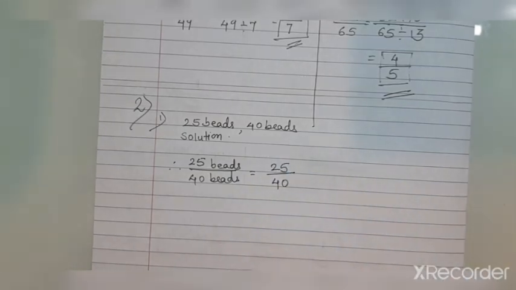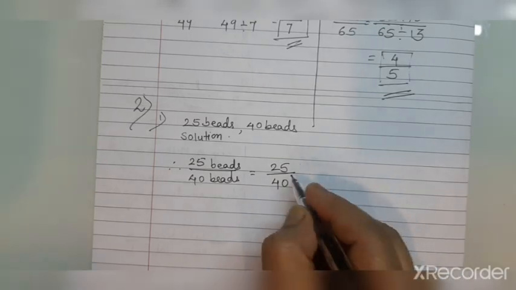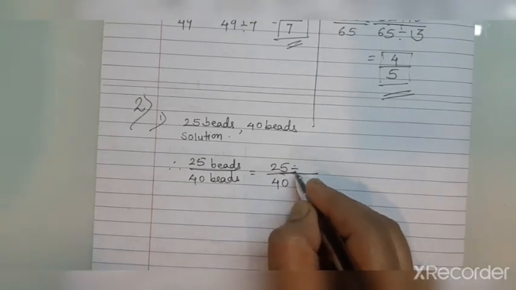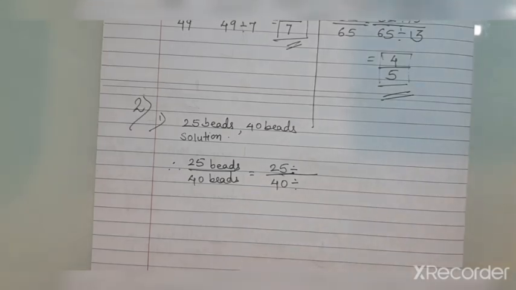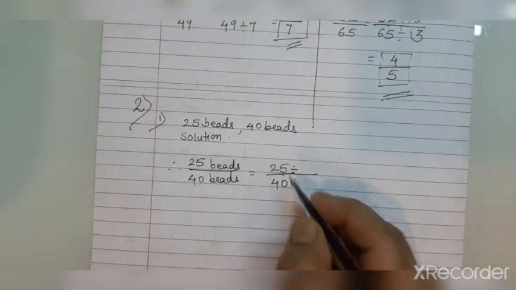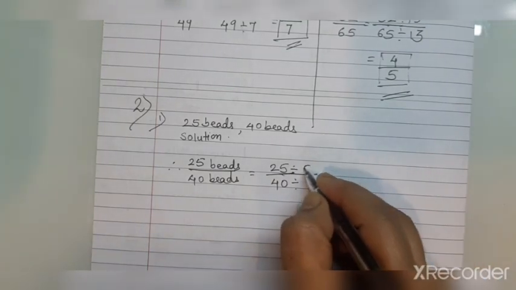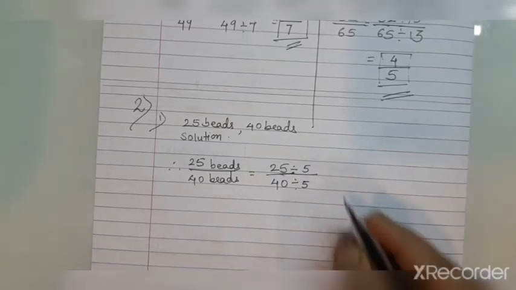So what we have to do is, we have to see that both the numbers are present in which table. They are the multiples of which number, and both should be present in the same table. You can recollect what you have studied in the test for divisibility, or you should know your tables very well. So we know that 25 and 40 are present in the table of 5. They are the multiples of 5.